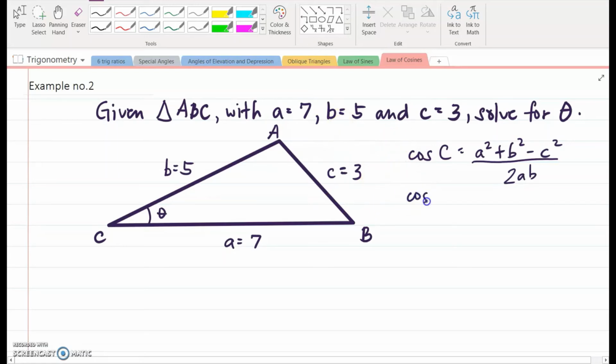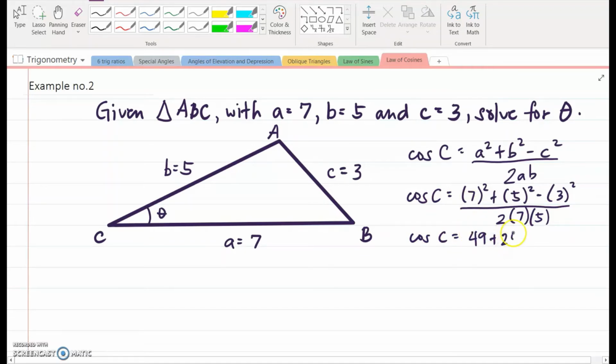So we have cosine C is equal to, let us now substitute all the values, 7 squared plus 5 squared minus 3 squared all over 2 times 7 times 5. So we have cosine C, 7 squared is 49 plus 25 minus 9 all over 2 times 7 times 5, which is 70.